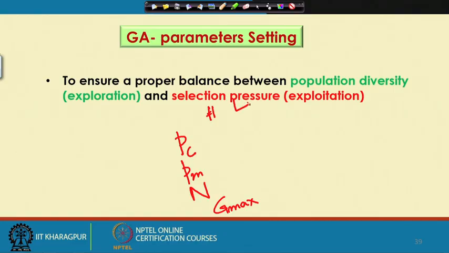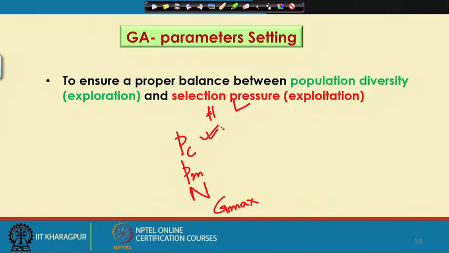On the other hand, if I consider a low value for the probability of crossover, the very purpose of using the crossover operator may not be served. All the mating pairs will not be allowed to participate in crossover, and we may not get the desired diversity in the children solutions.